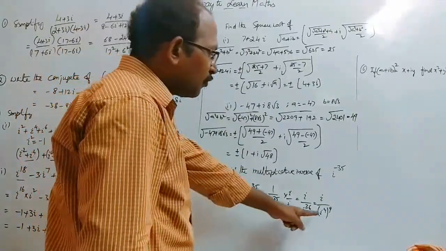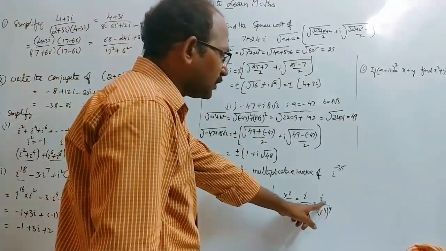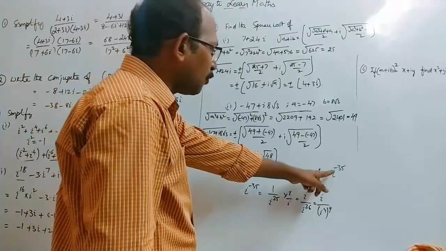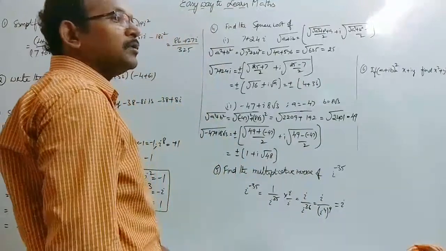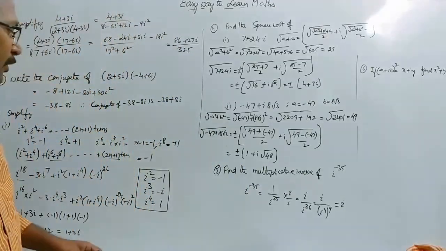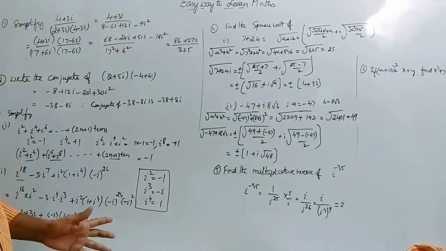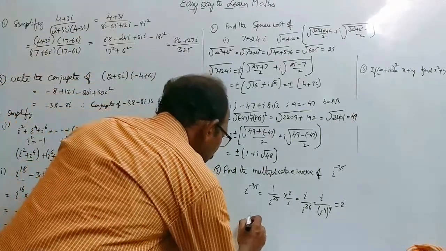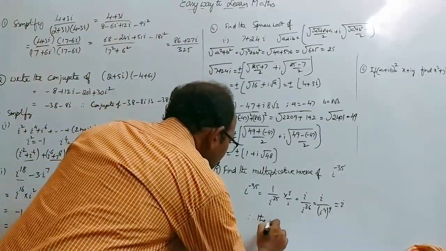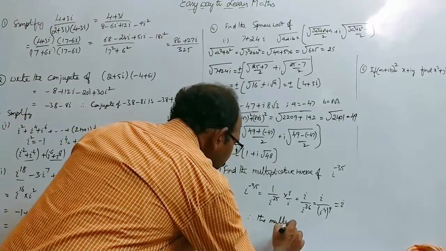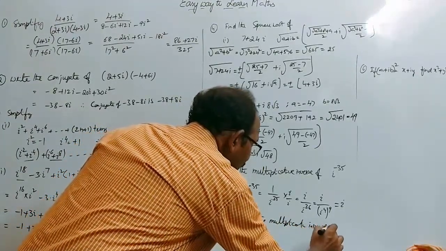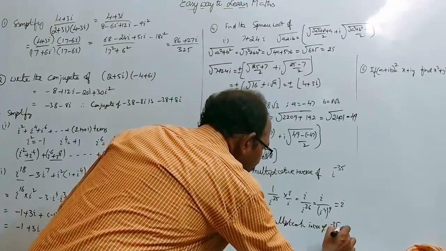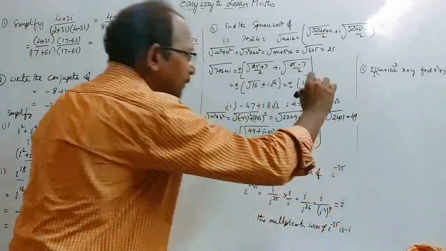We know that i power 4 value is 1. Therefore it becomes 1. Simply the given i power minus 35 becomes i only. Then we know that the multiplicative inverse of i is minus i. Therefore, the multiplicative inverse of i power minus 35 is minus i.